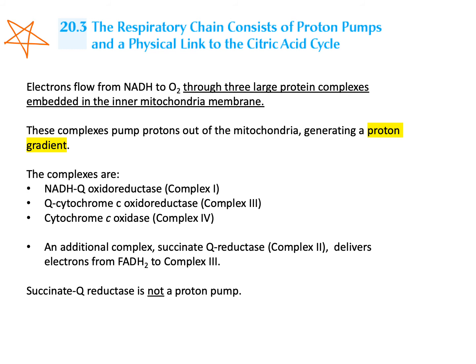The 3 complexes are complex 1, NADH-Q oxidoreductase, complex 3, Q-cytochrome C oxidoreductase, complex 4, cytochrome C oxidase. And in addition to the above complexes, the complex 2, succinate-Q reductase, delivers electrons from FADH2 to complex 3.